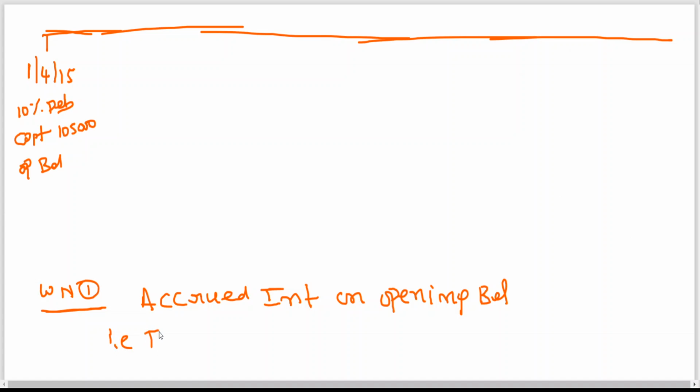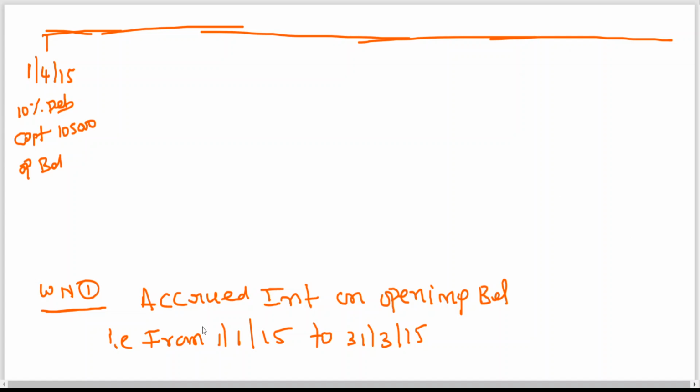That is from 1st January 2015 to 31st March 15. How many debentures do we have there? On 1000 debentures. Is this clear?